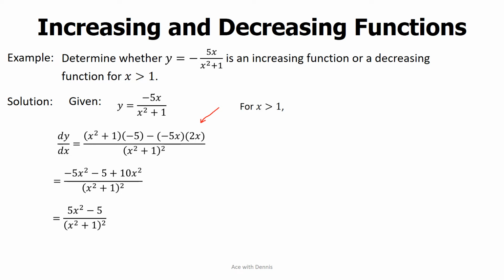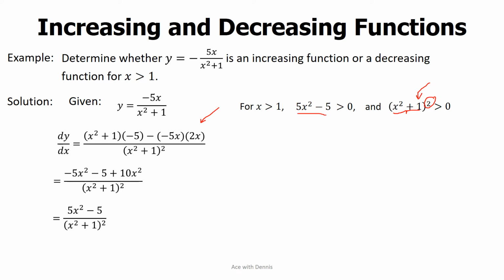For x greater than 1, we look at this expression, we can see that 5x squared minus 5 is greater than 0, and (x squared plus 1) squared is greater than 0. The reason is that since this whole term is squared, it doesn't matter whether the value inside the bracket is positive or negative, it will always be positive.